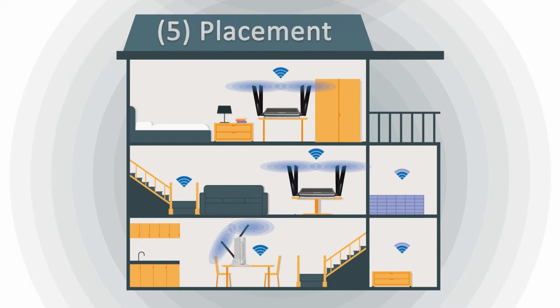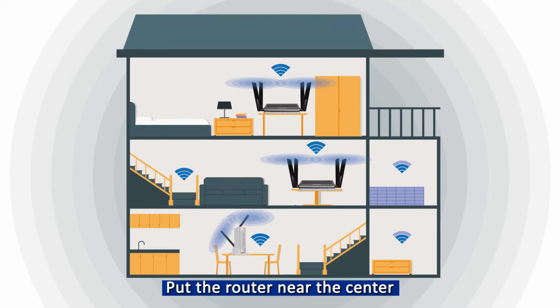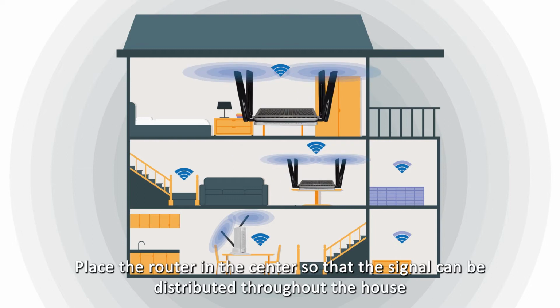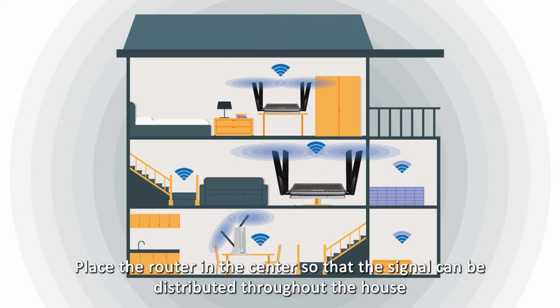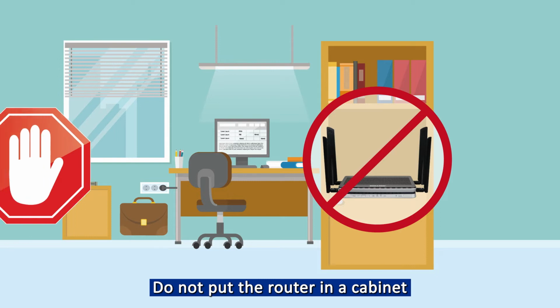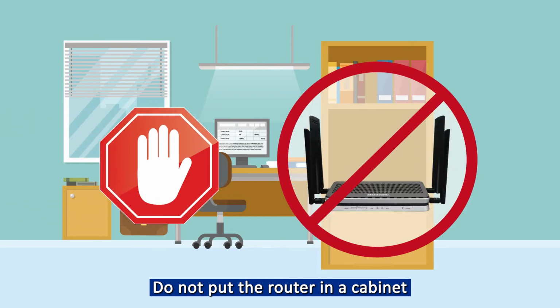5. Placement. Put the router near the center. Place the router in the center so that the signal can be distributed throughout the house. For a larger space, you may need to purchase a router or network extender to solve the problem. Don't do. Do not put the router in a cabinet.